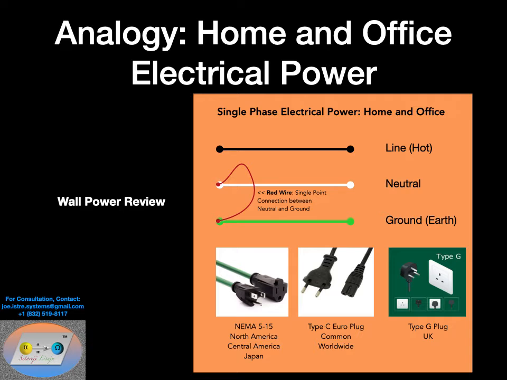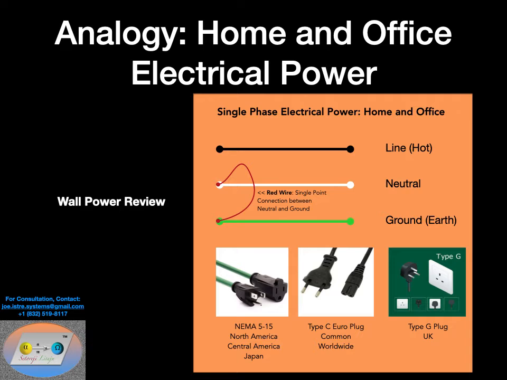So just note that for most electrical systems, the neutral is directly tied to ground at a single point as your electrical service entrance comes into your building or into your home. Just keep this diagram and circuit diagram in your mind, and we will discuss the differences between this and battery systems.